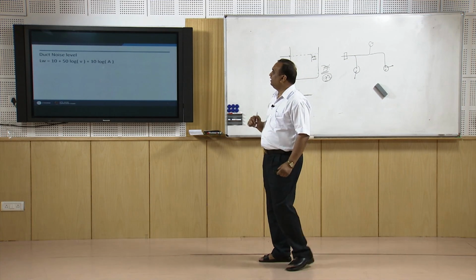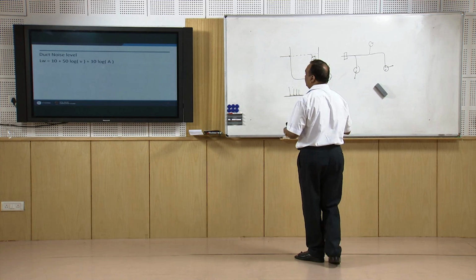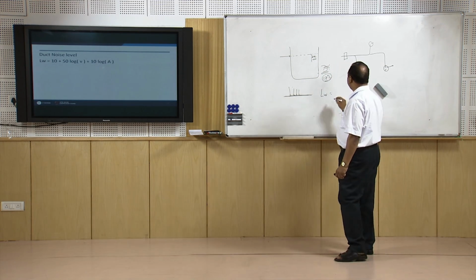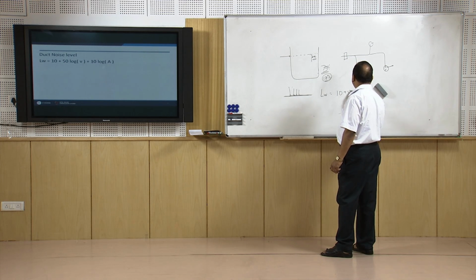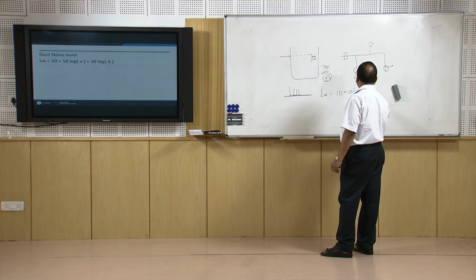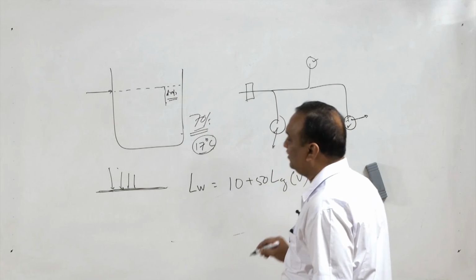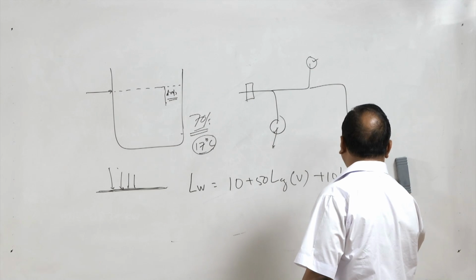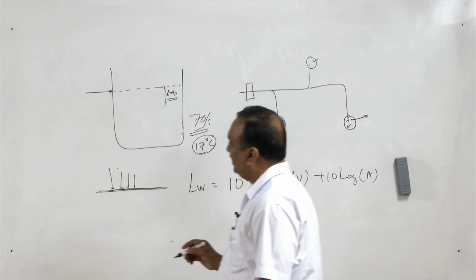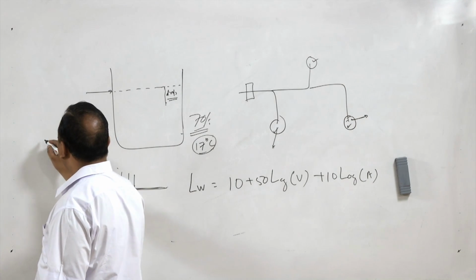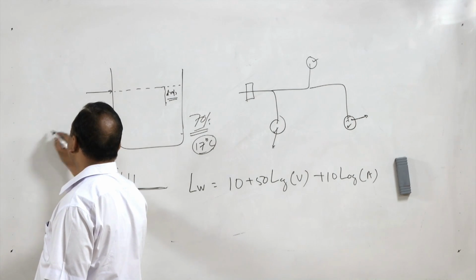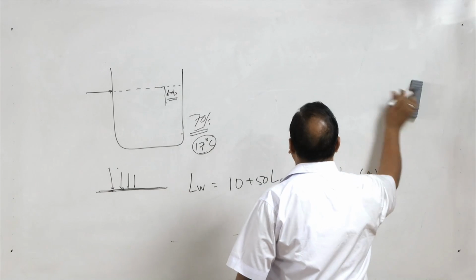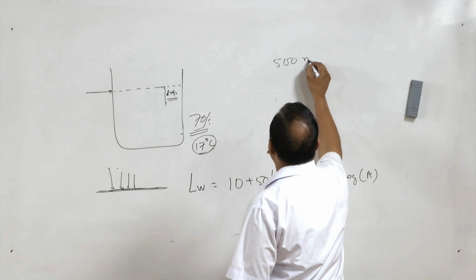Now duct noise level can be measured with the help of this. Decibel power is 10 plus 50 times log of velocity plus 10 times log of area. This is a very simple formula. Suppose a duct has a diameter of half a meter, a 500 mm diameter circular duct.